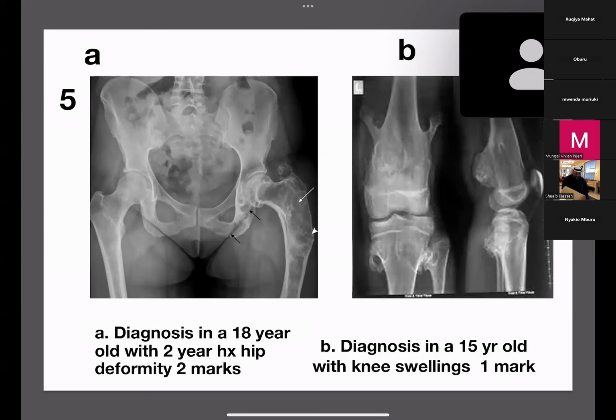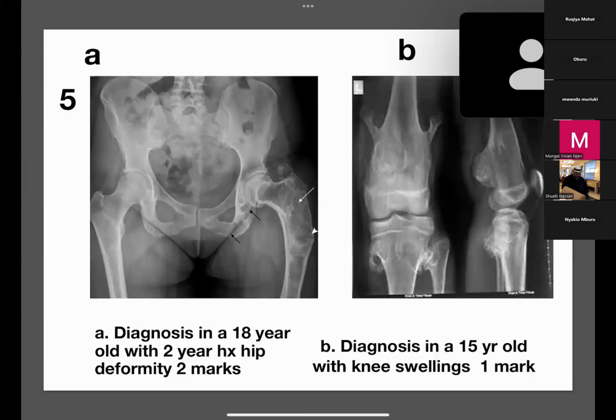What is the diagnosis of this 18-year-old with a 2-year history of hip pain in 5A? Have you ever heard of a shepherd's crook deformity?